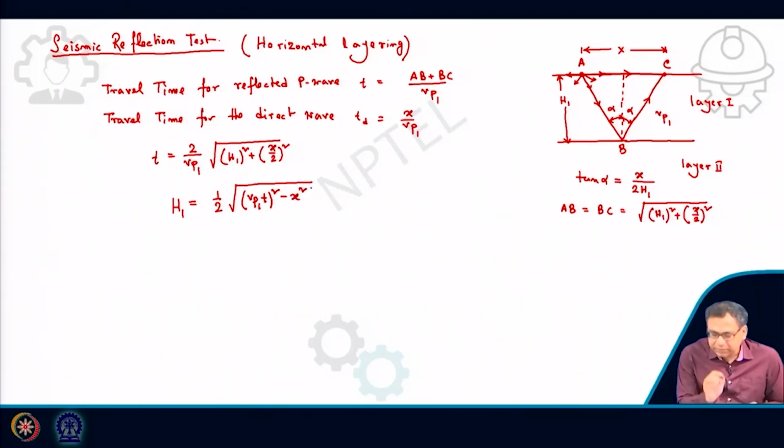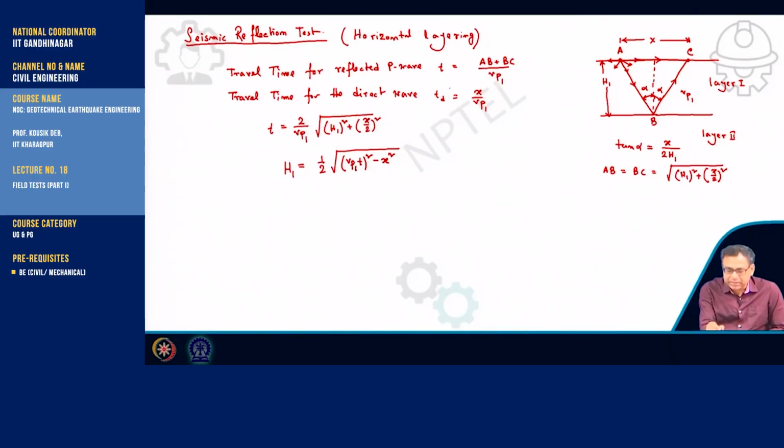So that means x is known to me. Why is x known to me? Because x is the distance from the source to the receiver, that is known. So x is known, but H1 is unknown and Vp1 is also unknown. So now we have two equations and two unknowns. From here I will get the Vp1, because I can get the travel time of the direct wave.